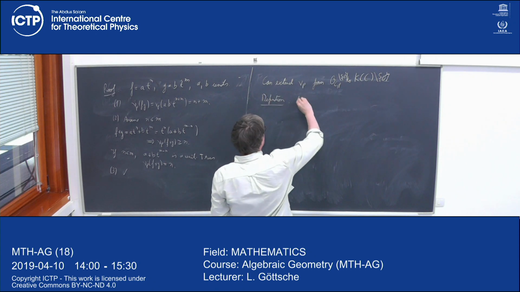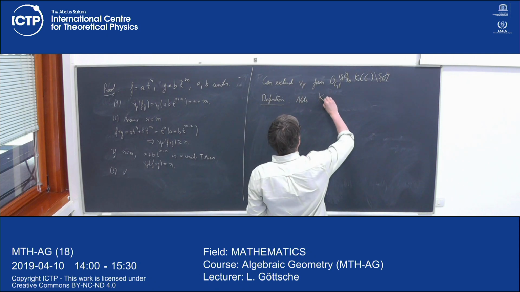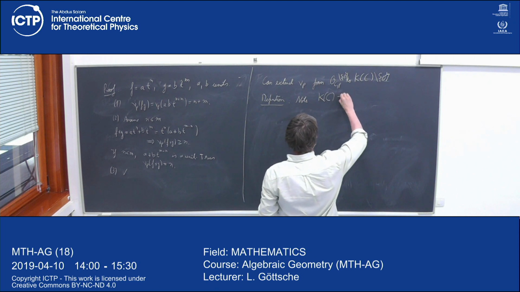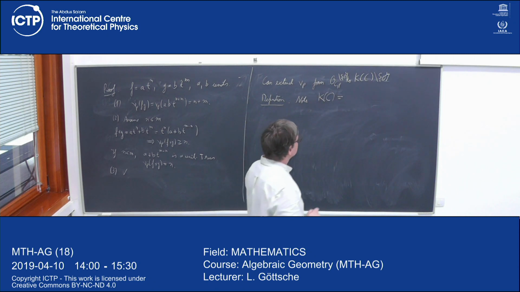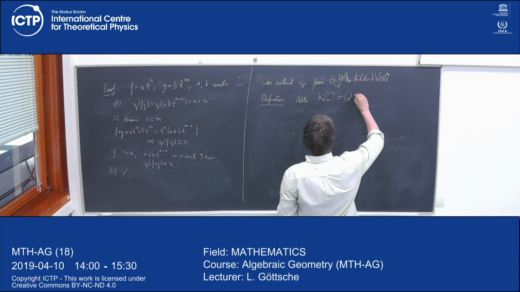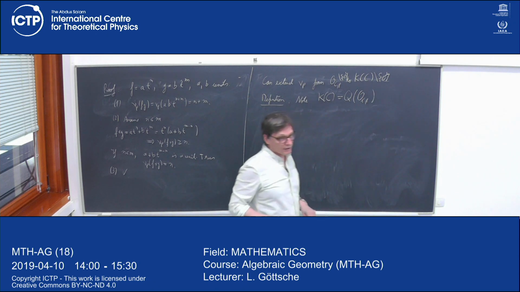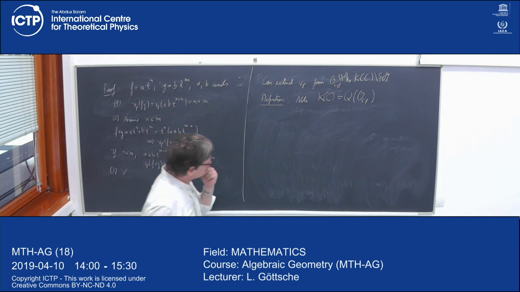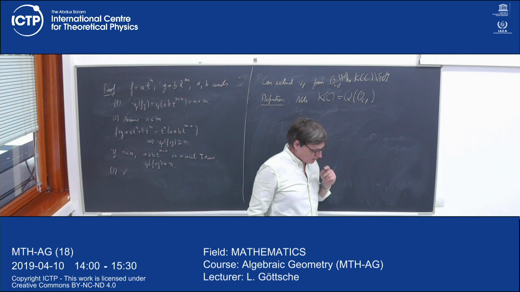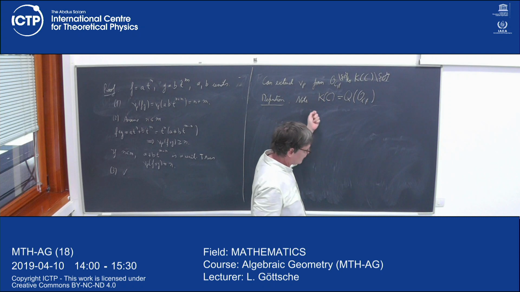Note that the function field of the curve is equal to the fraction field of the local ring of X at P. Now if you just think of it, before you take the fraction field of A(X), which is the set of all quotients f divided by g of elements in A(C).